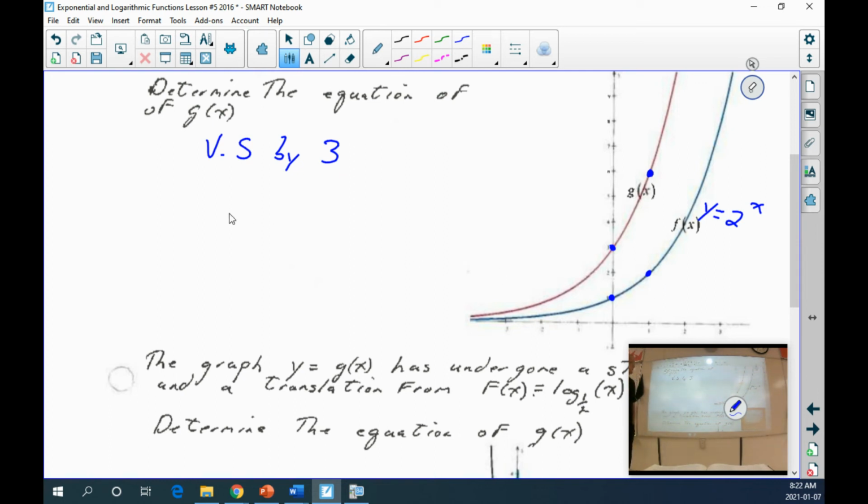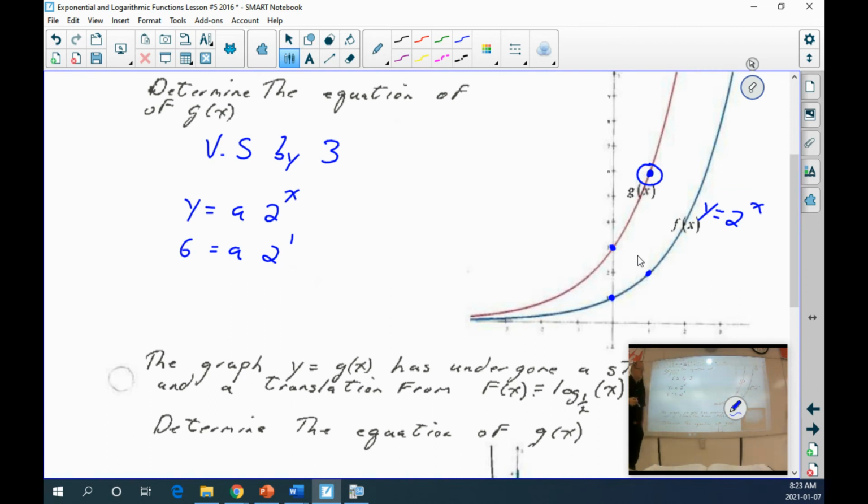If you didn't figure out that the vertical stretch was by a factor of 3, but you knew there was a vertical stretch, y is equal to a times 2 to the x, and plug in (1, 6), which is the point that I have here, and you would find your a value is 3.